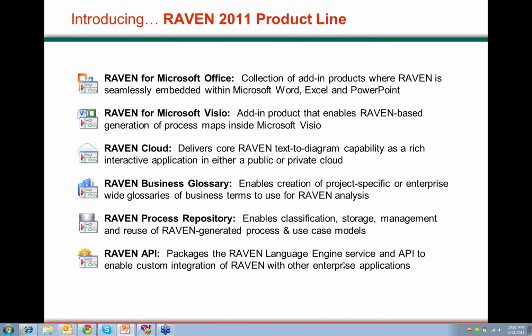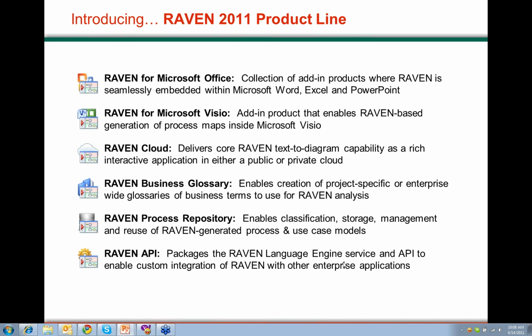A separate product called Raven for Visio will come a bit later, focused on taking Raven capabilities directly within the Visio environment. Raven Cloud, launched back in December, gave you a sense of where the new generation product was going in terms of rich interactive user experience and higher fidelity process and use case diagrams. That was made available last year.